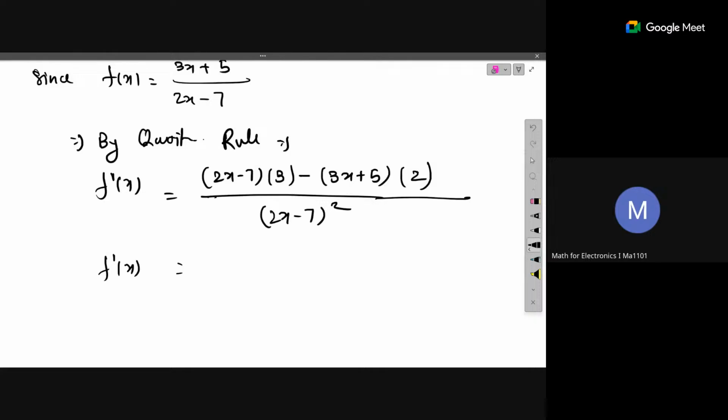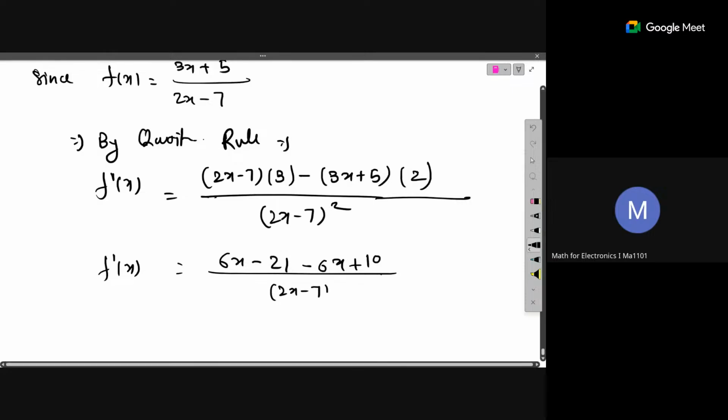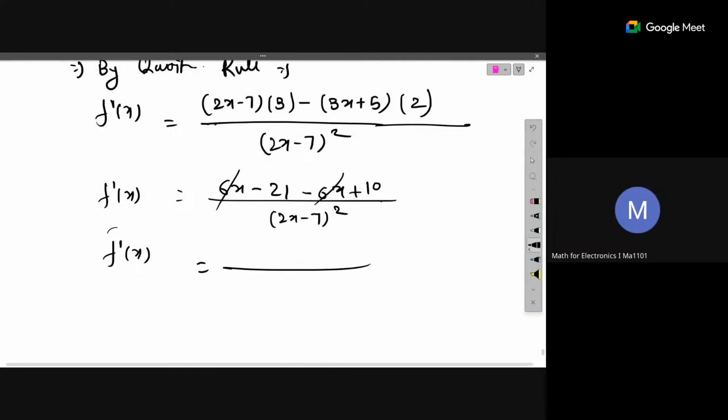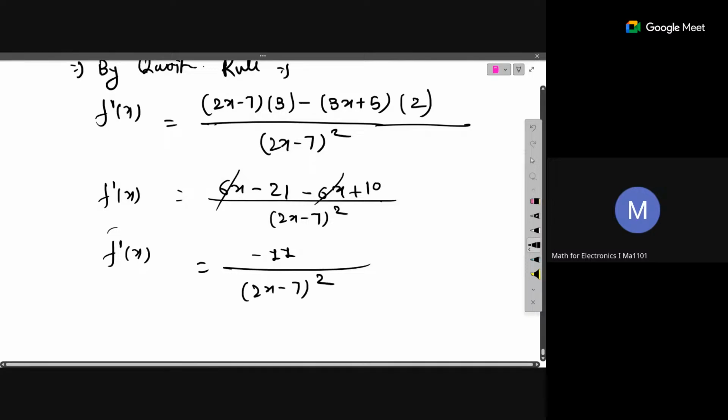This becomes 6x minus 21 minus 6x minus 10, upon (2x minus 7) the whole square. The 6x and 6x cancel out, and minus 21 minus 10 becomes minus 31. So f dash of x is minus 31 upon (2x minus 7) the whole square.